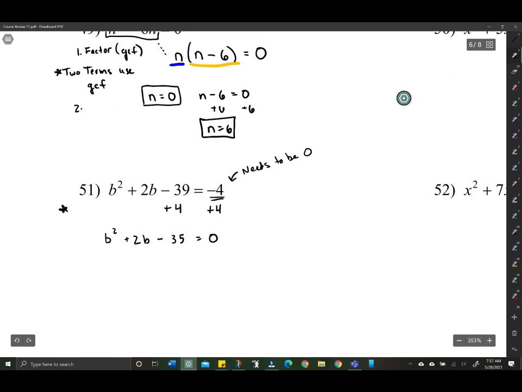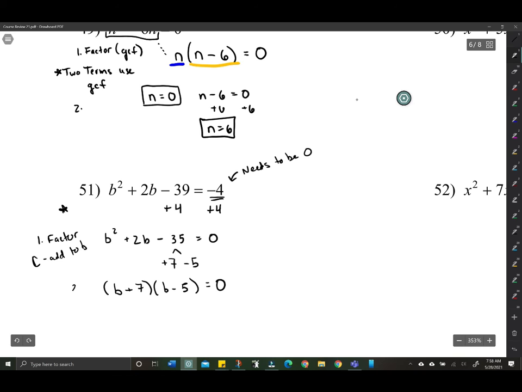When it is set equal to 0, then we can factor, okay? So now, if it's a trinomial, we're looking at factors of c that add to b. So positive 7 and negative 5 are going to add to positive 2, which means we have b plus 7 and b minus 5.